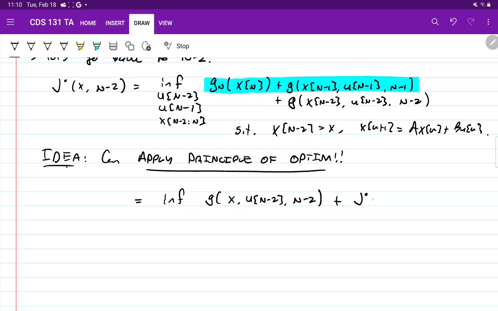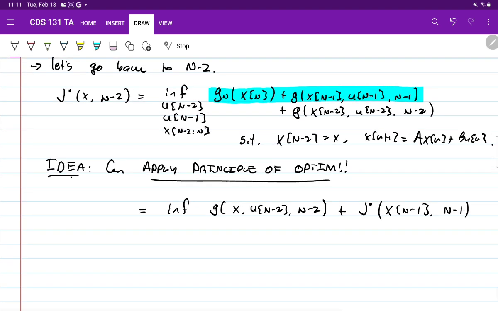So this is going to be j star of x at n minus 1, comma n minus 1, right? So this is going to be over u at n minus 2, and then x at n minus 1, subject to a x k plus b u k equals x k plus 1, okay? But now what I'll do is I'll just go ahead and plug in for x at n minus 1.